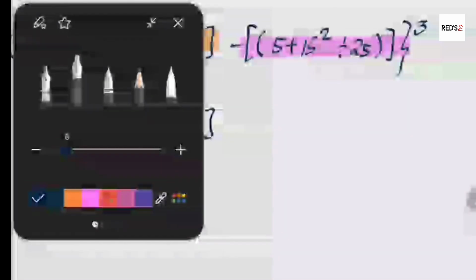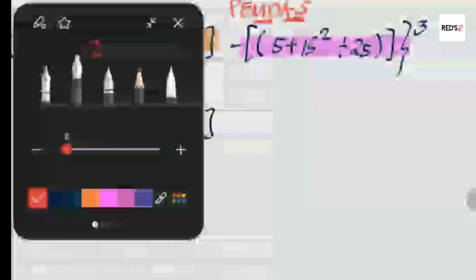Let's recall the order PEMDAS. Parentheses first, then exponents, and then multiplication and division, and then addition and subtraction. Any parentheses here? Of course there are.